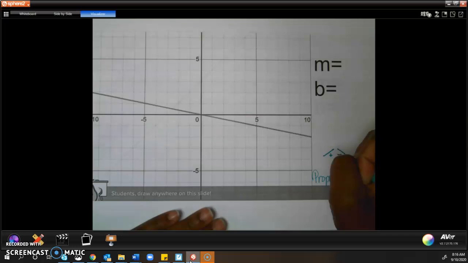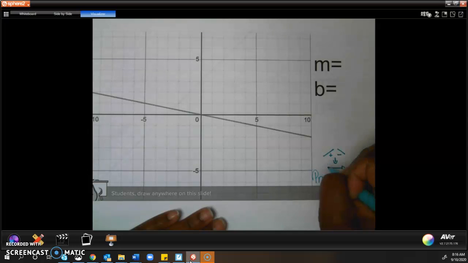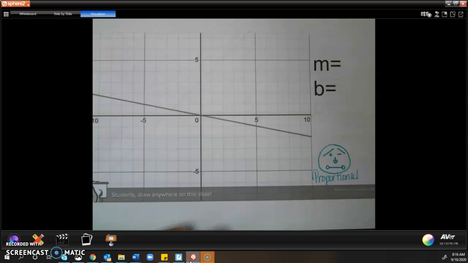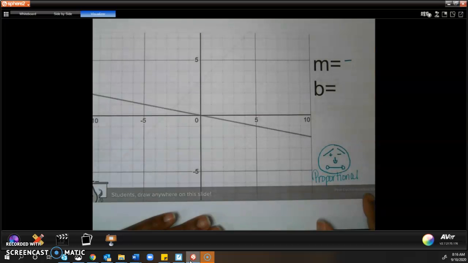If it is vertical, your slope is undefined. And if your line is horizontal, your slope is 0. It's kind of hard to forget this face. That's Slope Man. Okay? So looking here, I already know my slope is negative. So I'm going to put negative here so I don't forget.